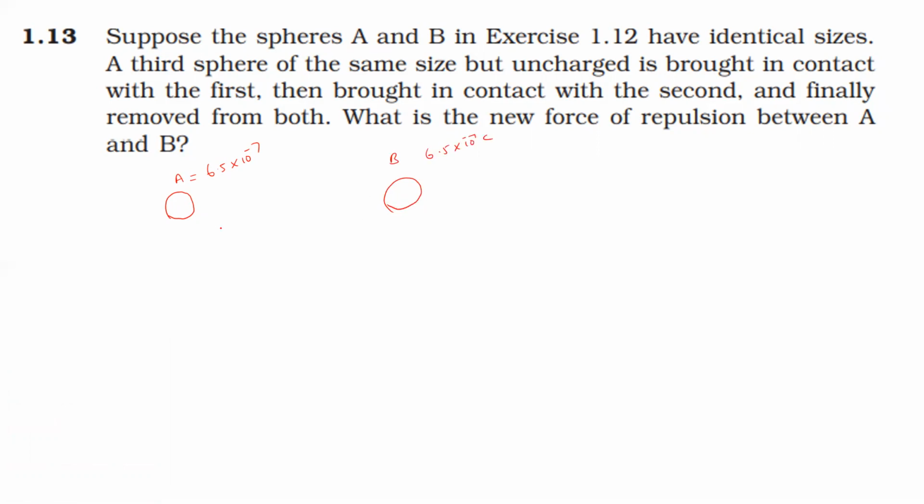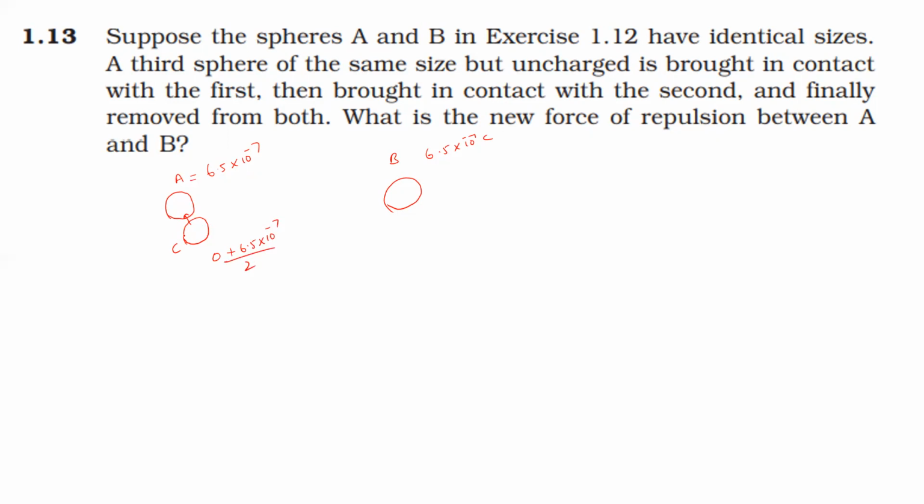Now we are bringing the third sphere C and keeping it in contact with A. As we are keeping sphere C in contact with A, these two spheres share the charge equally. Initially, sphere C has charge 0, so they share equally: 0 plus 6.5 into 10 power minus 7 divided by 2.